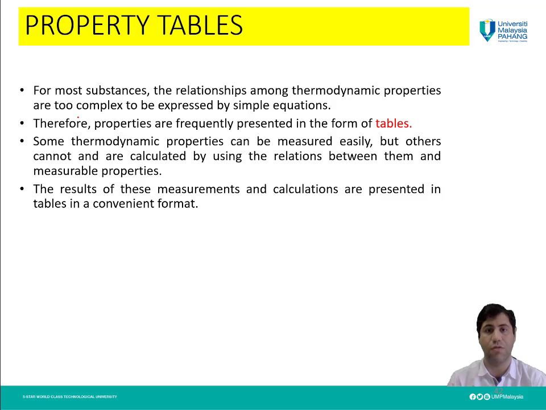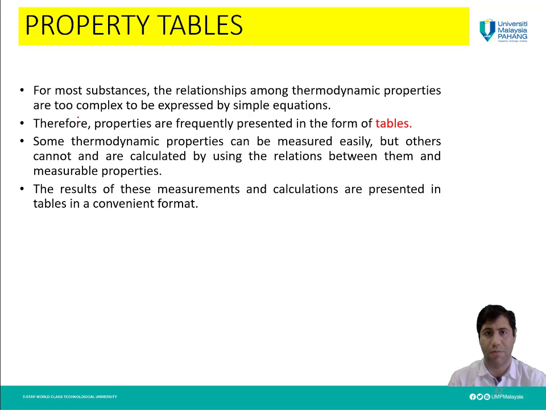So this is a very useful technique to find different properties of the substance by using some other properties of that substance. Usually the properties which we have are the temperature and pressure, and we can guess other properties of that material.